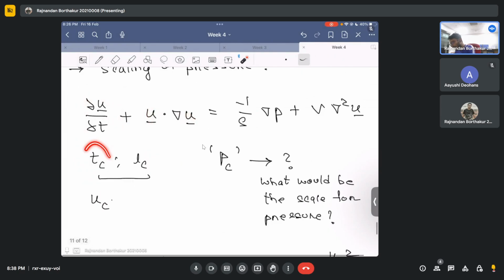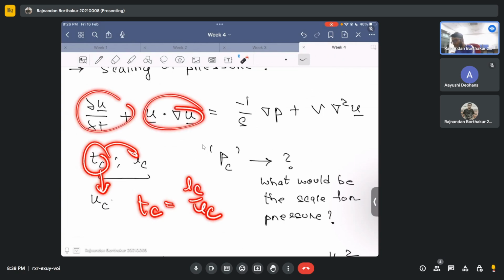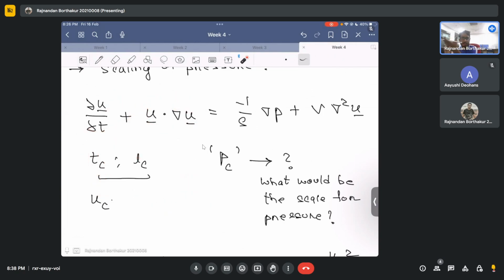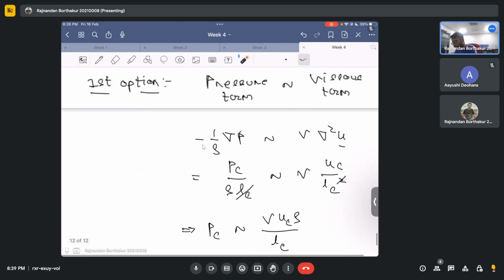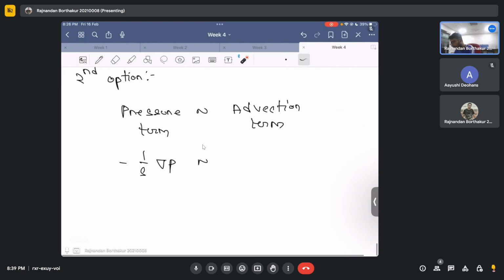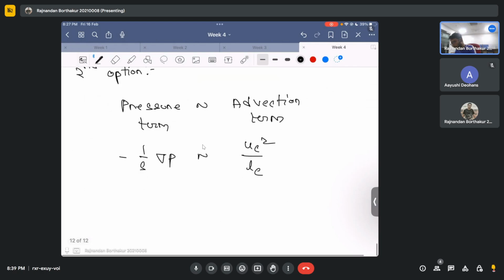However, you can always link PC with LC and UC, so these two terms will finally be the same term that we essentially seek. So that's why, if we can write PC in terms of UC and LC, I just choose this term only, which means this should scale as UC squared by LC.